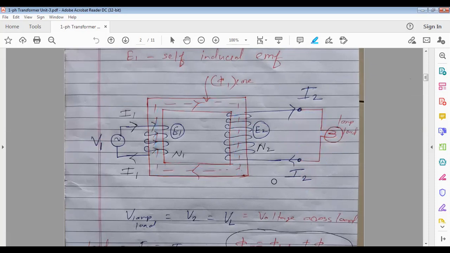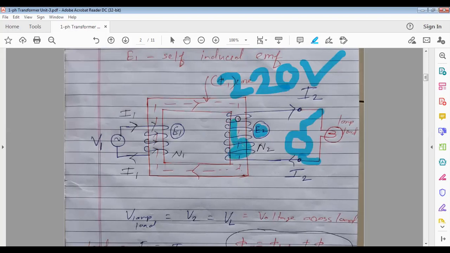Now here E2 gets induced. Consider it is 220 volt. So does the full 220 volt go across the lamp, or less? Suppose 1 volt. Less. Correct. Less. Where does that drop occur? Copper winding resistance. See, this is the copper winding on secondary side.